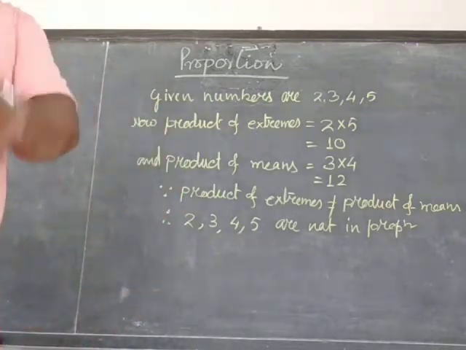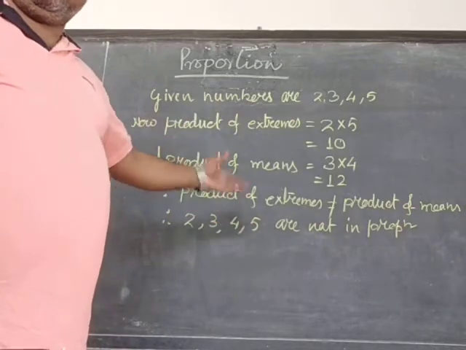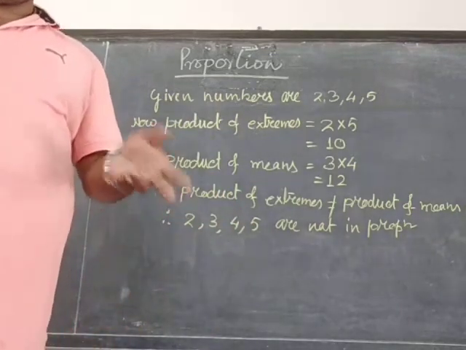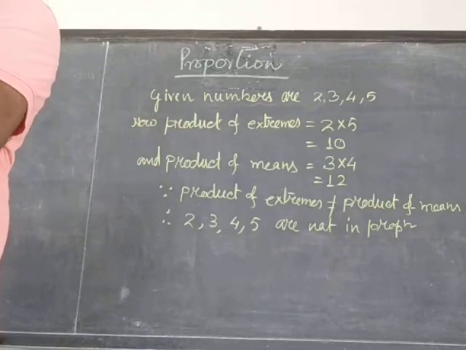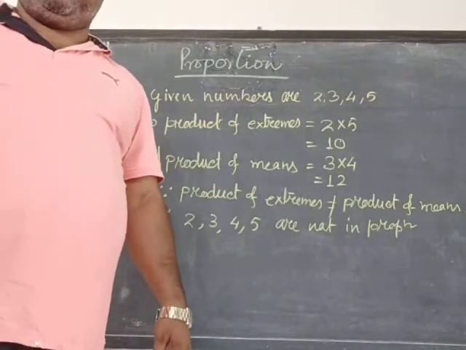Okay? Now the second part: if not, as we got they are not proportional, by how much should they be increased or decreased so as to be proportional?